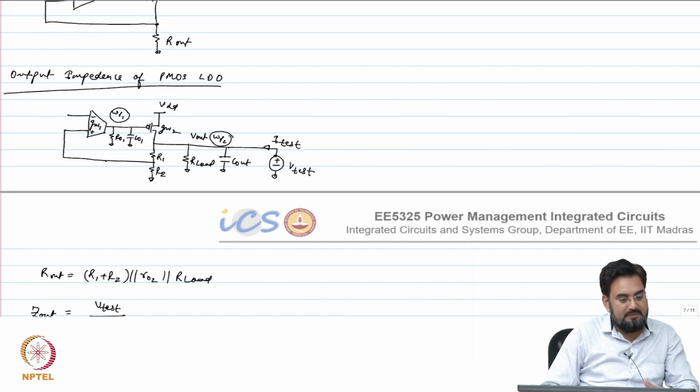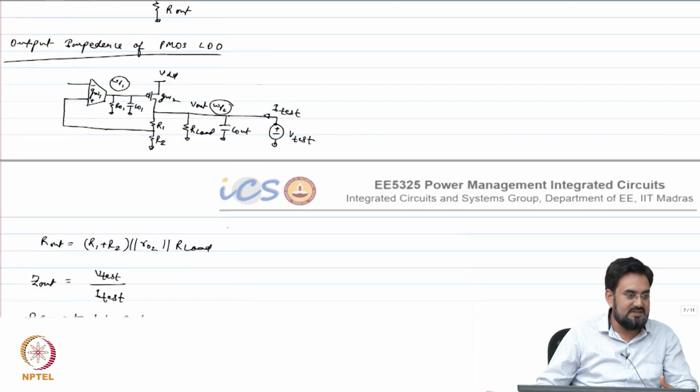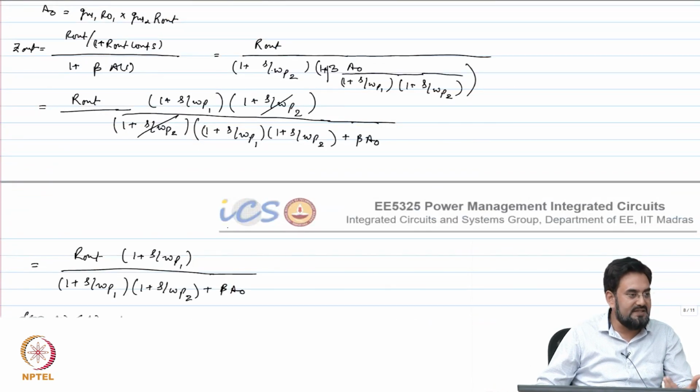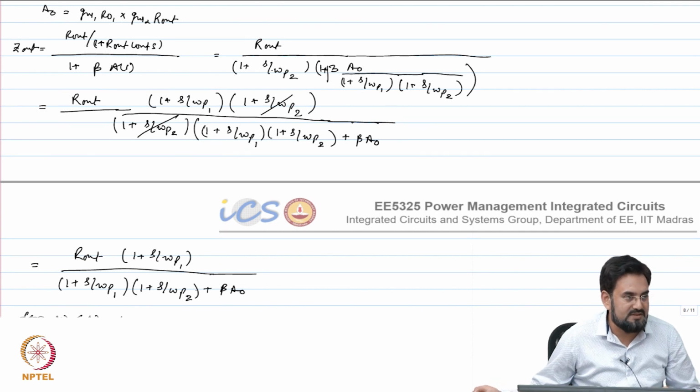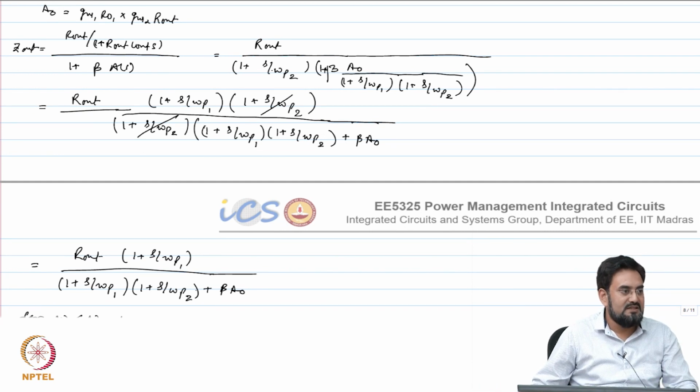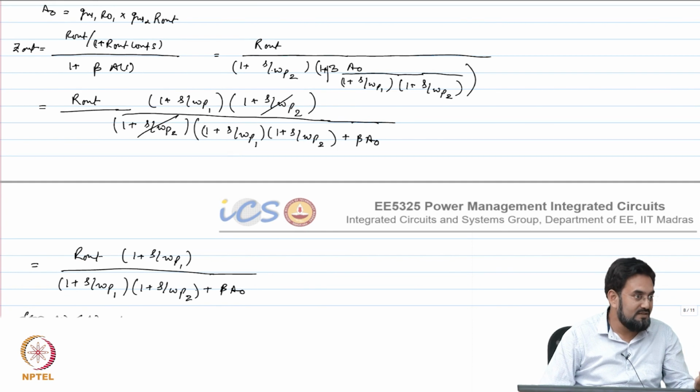DC impedance will not change obviously, and we know the DC impedance is nothing but your load regulation, correct, delta V out over delta I out, that is what we defined as load regulation. So, DC regulation may not change, but your AC regulation is changing, which means your load transient will improve.